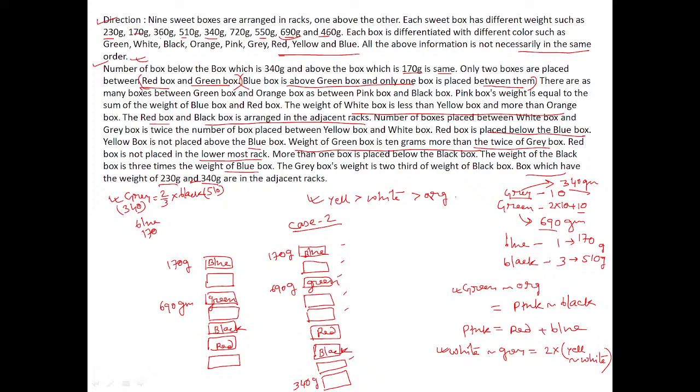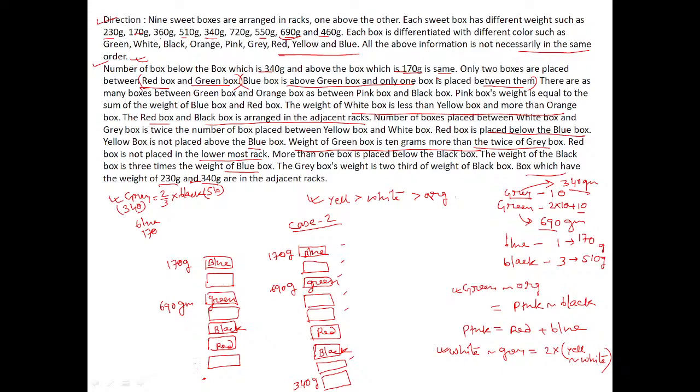Because of the very first statement, the number of boxes below the box which is 340 gram and above the box which is 170 gram is same. Now, here it's 170. How many boxes are there? 1, 2, 3, 4, 5, 6, 7 boxes. If we put 340 here, or 8 boxes here, then the condition violates, because we can't confirm the similar number of boxes above 170 and below 340.